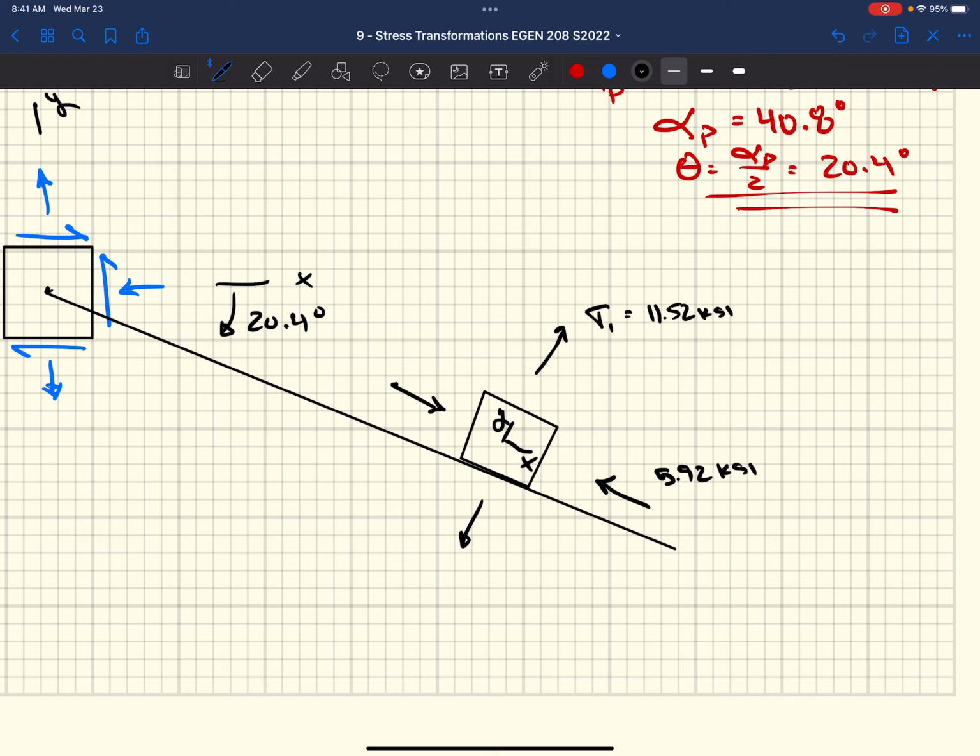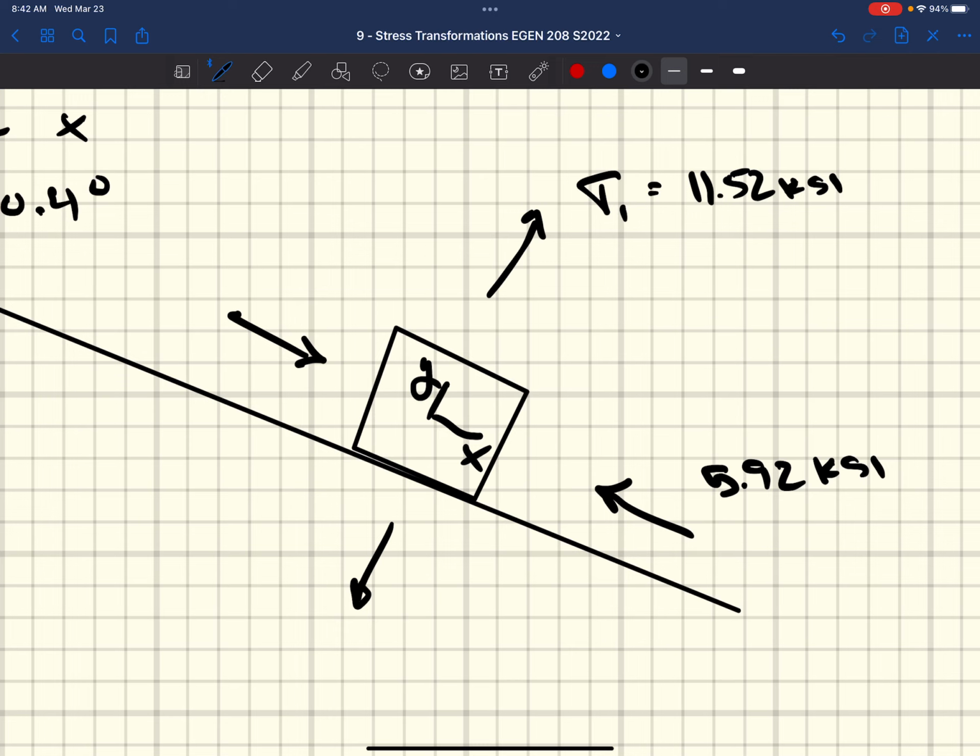Well, if we were to cut this structural element at 20.4 degrees, okay? The stresses on that plane, for instance, right? If we cut it at 20.4 degrees, we sliced it perpendicular to that face, we would be trying to pull that structural material apart with 11.52 KSI. That's the stress we'd have along that plane.